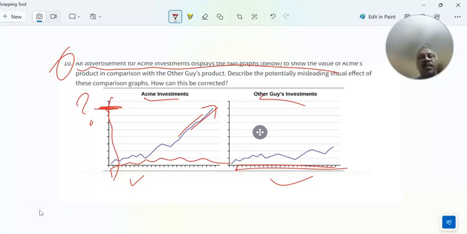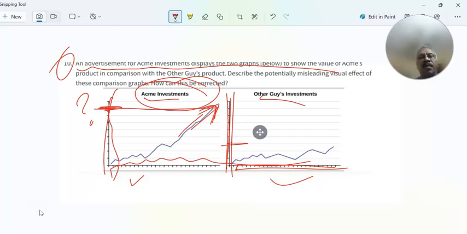Without knowing the scale on each graph, we won't be able to know whether the ACM investment truly had a higher value. Even though it looks higher, it doesn't mean that. It could be $50,000, and this could be 40,000 also.